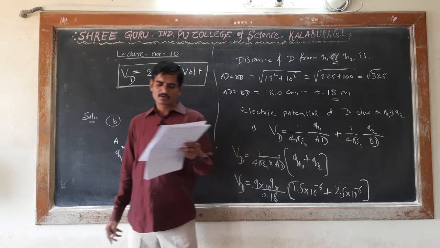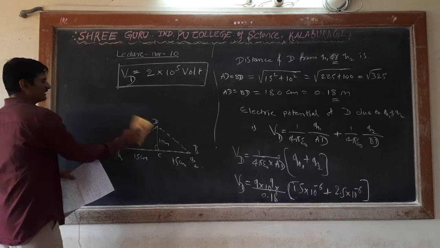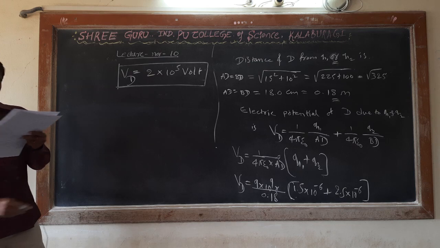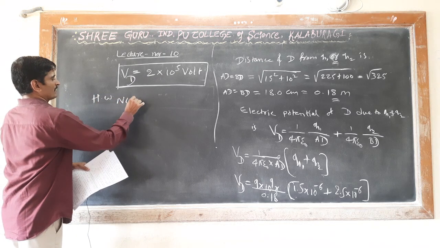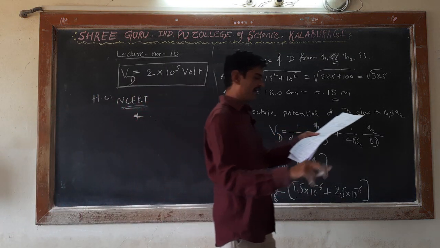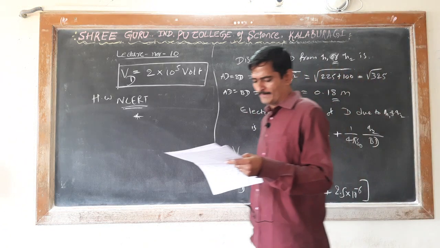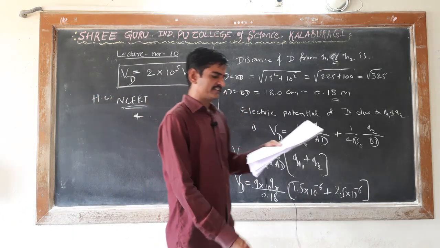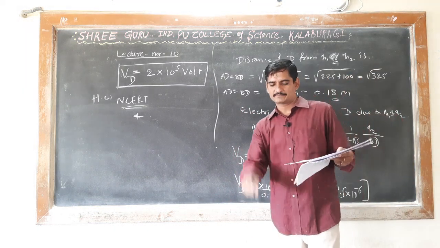A regular hexagon of side 10 centimeter. This is homework, you only solve. A regular hexagon of side 10 centimeter has a charge 5 microcoulomb at each of its vertices.